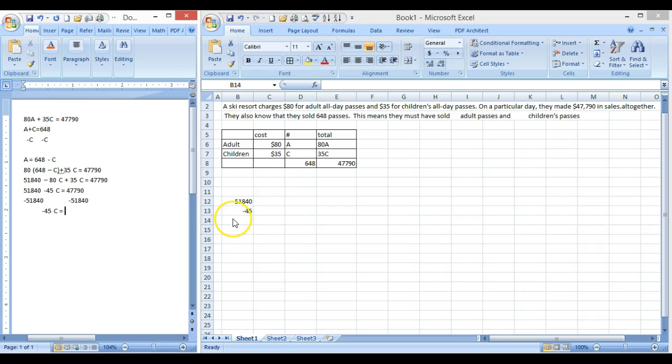I can do a cell reference here. I think I'll show you both ways. So the first way, I'm just going to press equals 47,790 minus 51,840 and press enter, and I get negative 4,050.